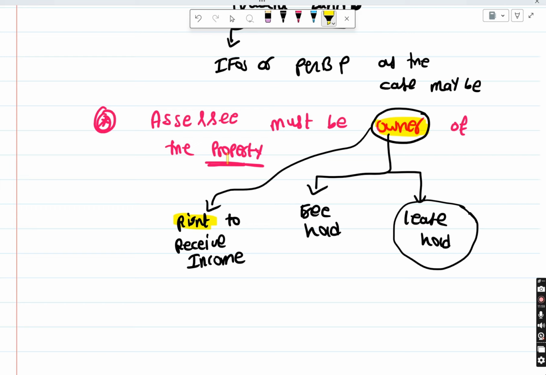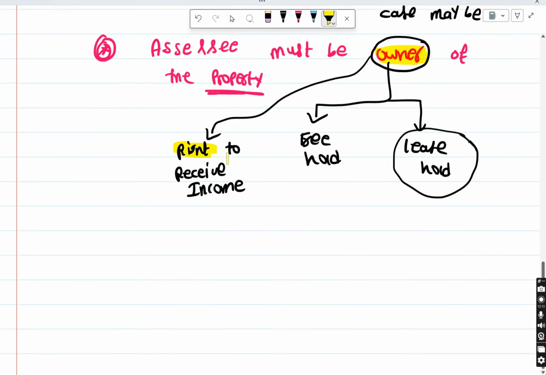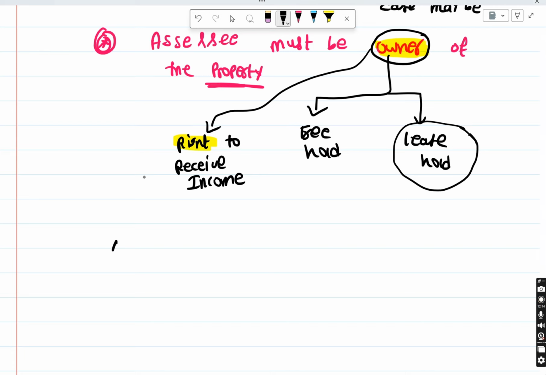If I am not the owner, I don't have a right to receive the income from that particular property. And then another condition. Now let's just say A sold building to B.